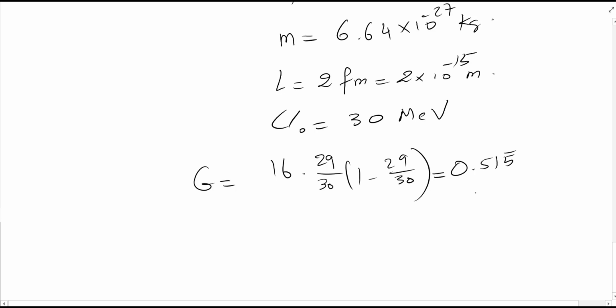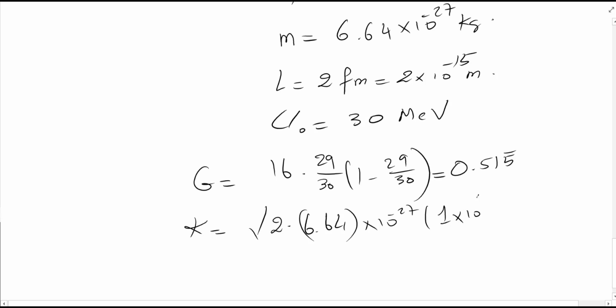Okay, this is G, and we want kappa also. Kappa for this particle is going to be equal to the square root of 2 times the mass, which is 6.64 times 10 to the negative 27, times the difference in energy. The difference in energy, they tell you it's 1 short, so we know it's 1 MeV, times 10 to the power 6 electron volts.